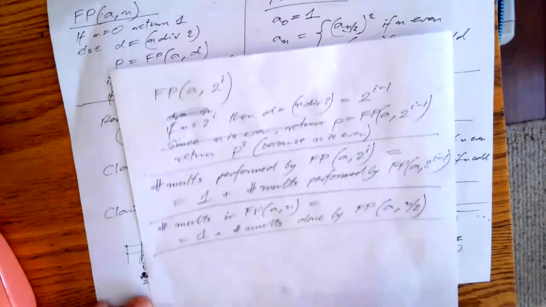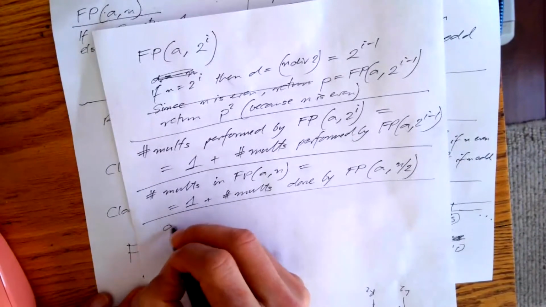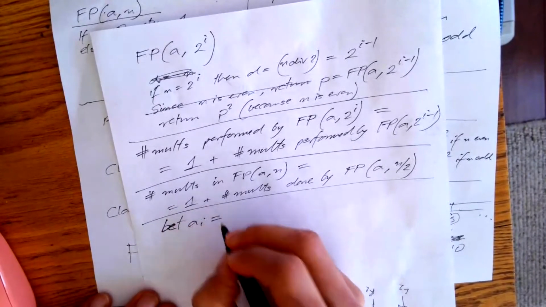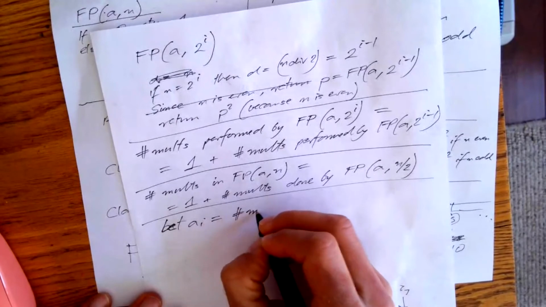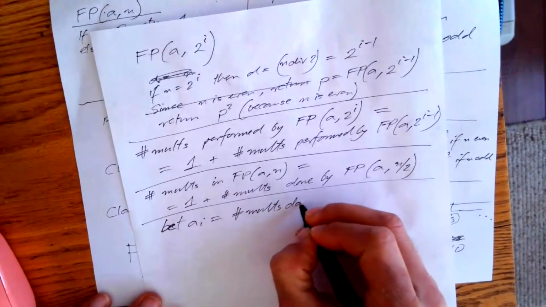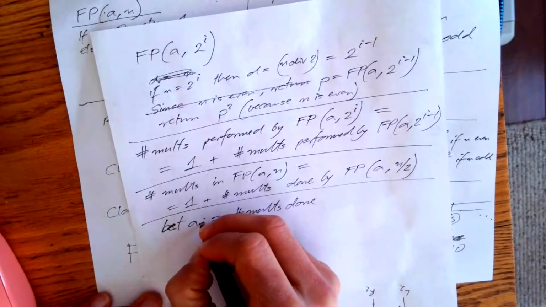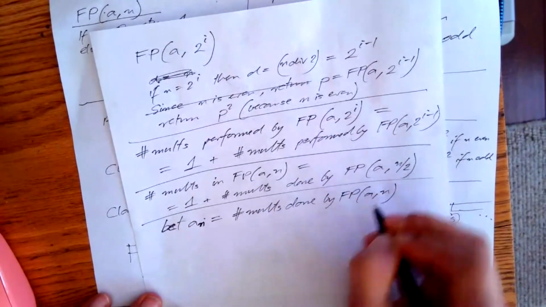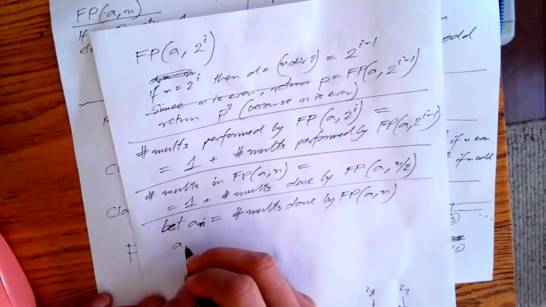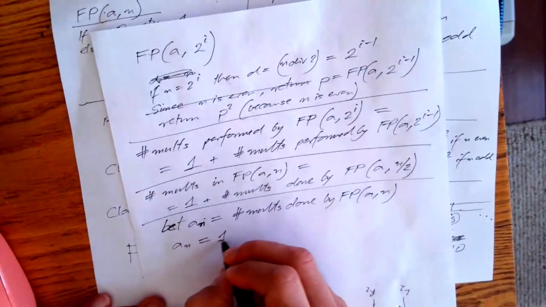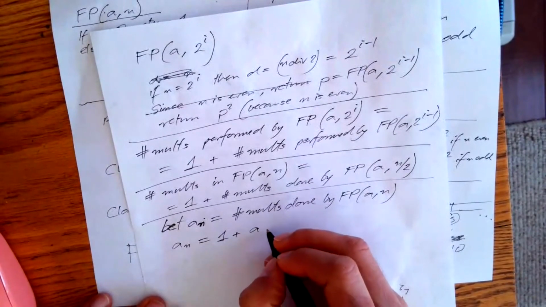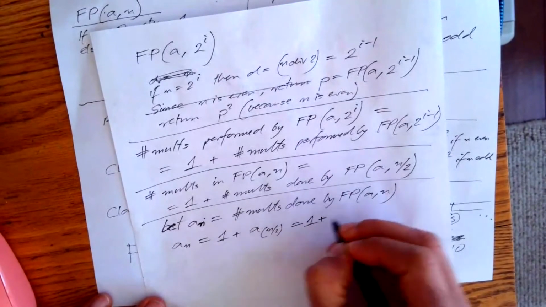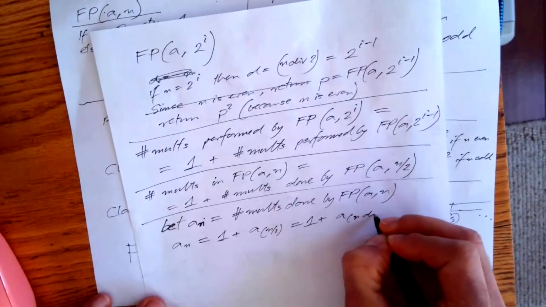So therefore, let's define a n to stand for the number of mults done by fp on a to the n, and we have the following recurrence relation: a n is equal to 1 plus a n over 2. In other words, it's 1 plus a n div 2.